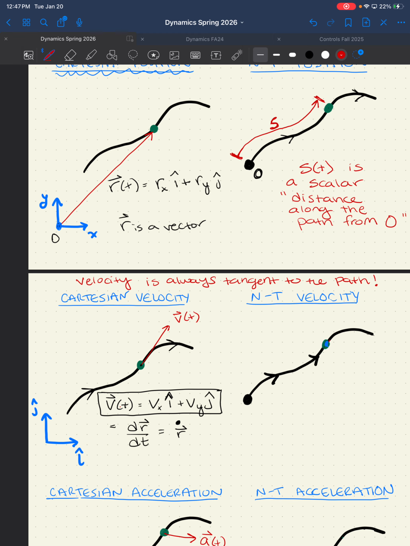Whether we're using NT or Cartesian coordinates, this is my velocity vector, tangent to the path. In Cartesian coordinates, this is the time derivative of my r vector, or you can say that it has some amount vx in the i hat direction and some amount vy in the j hat direction.